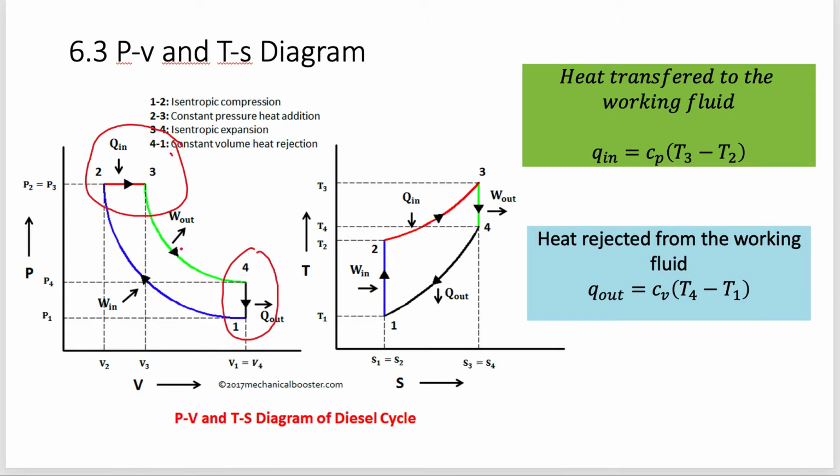Okay, so the process is still the same as the Otto cycle, where from state 1 to state 2 is the isentropic compression, where we can apply the formula in green here.